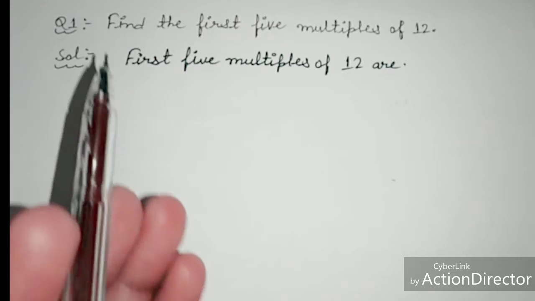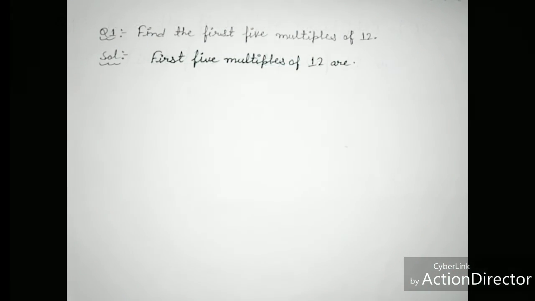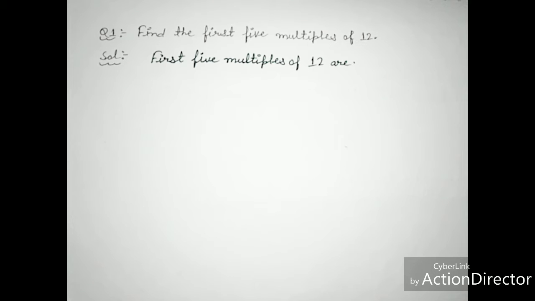Example number 1: find the first 5 multiples of 12. Here we find multiples of 12.